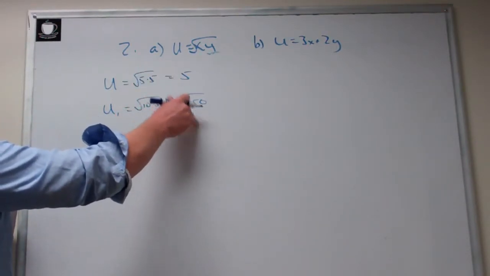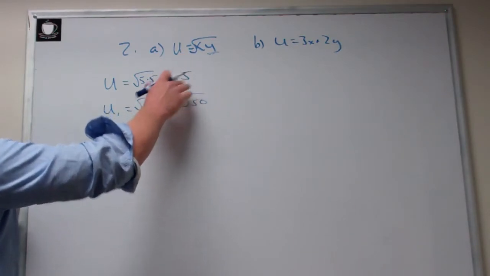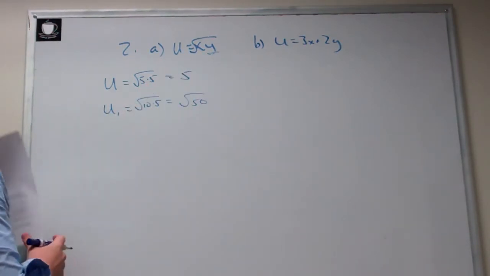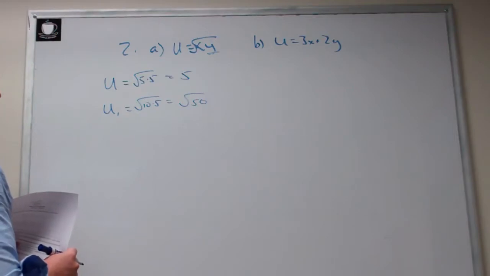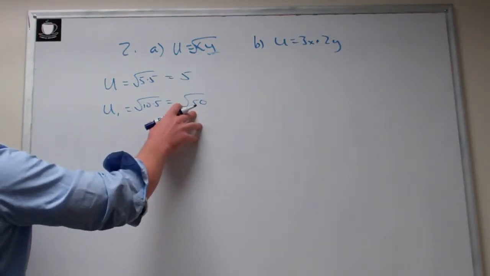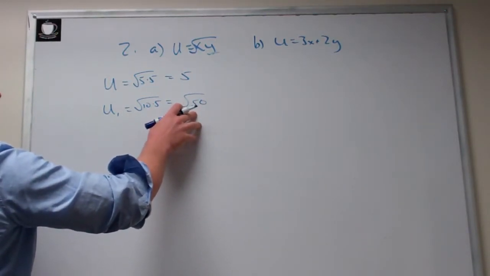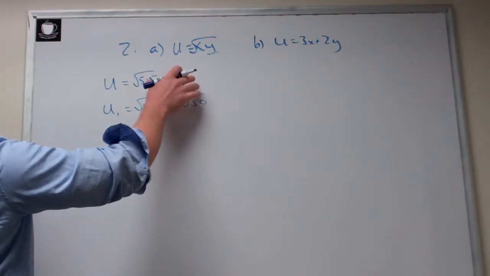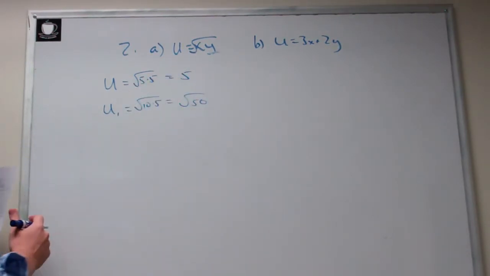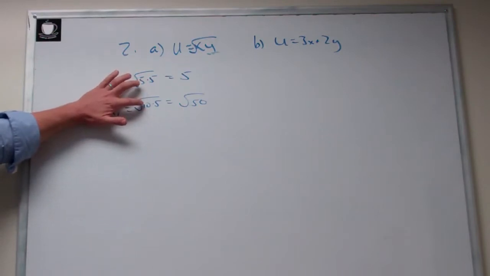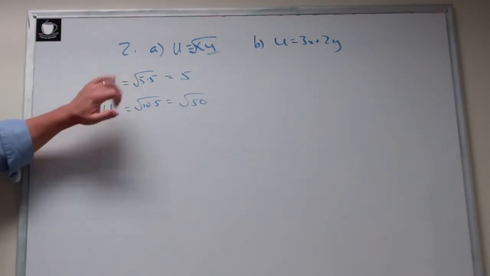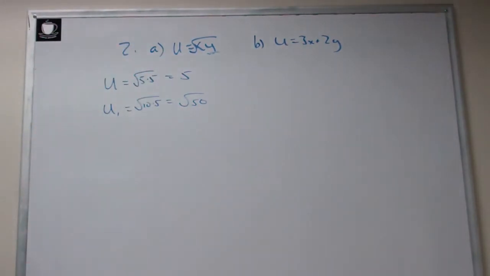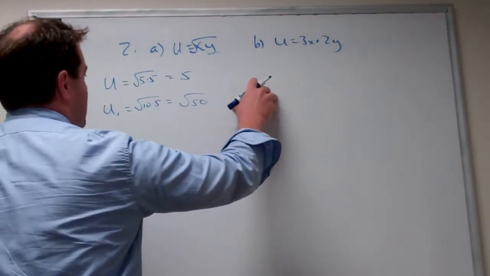Now, radical 50 is not twice 5 or radical 25. Radical 50 is less than twice radical 25, which means that the doubling of X does not double utility in this world that we are looking at here with imperfect substitutes. And that will not be the case here.